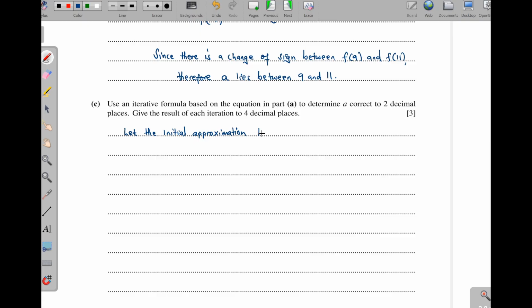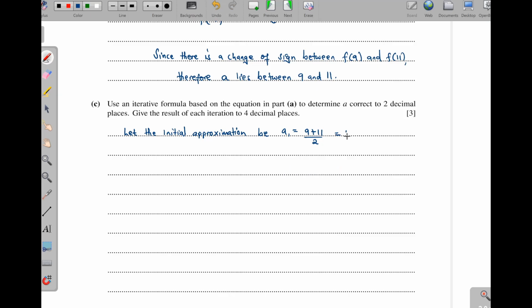So let the initial approximation be a1, that will be 9 plus 11 out of the 2. Since we have 9, 11, and the root is in between the two, it is better you begin from the average of these two. You draw closer to the root. I don't know whether it is here or here, so it is better you use the average. But even if you begin from 9 or from 11 or any value in between, no problem. We all get the same answer.